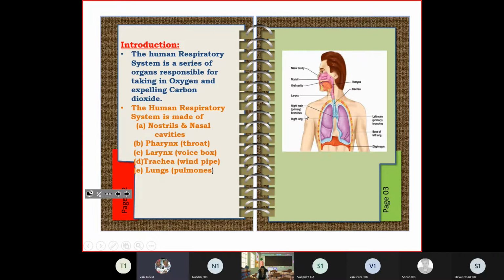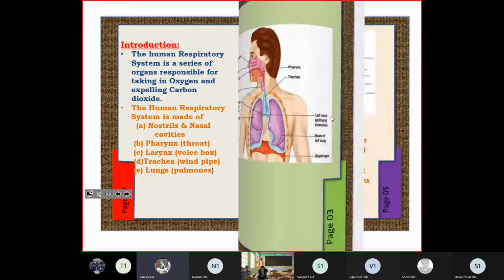In this chapter, let us know about all these different parts. Here you can see the first part, the nasal cavity, followed by the pharynx, next followed by the trachea and the lungs.